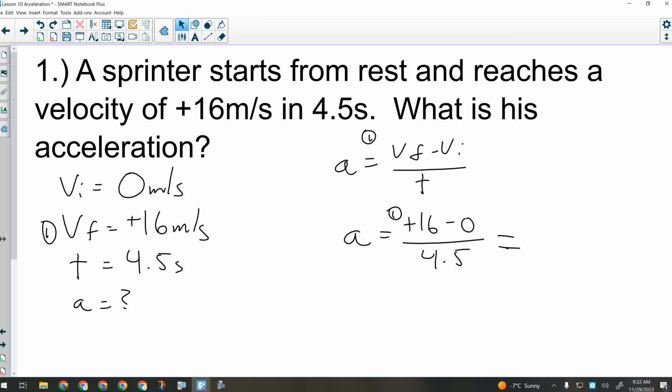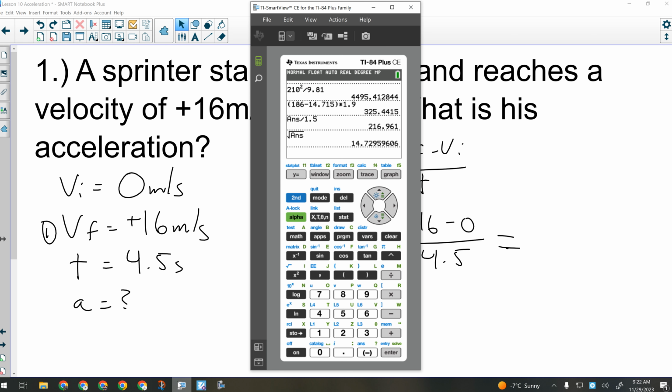And then here's the thing we need to watch for. On this question it wouldn't make any difference, but on a question where that wasn't 0, it will make a difference. Actually, it would even make a difference here. The top needs to be in brackets. If you're going to enter this all in one step, you need to bracket the top.